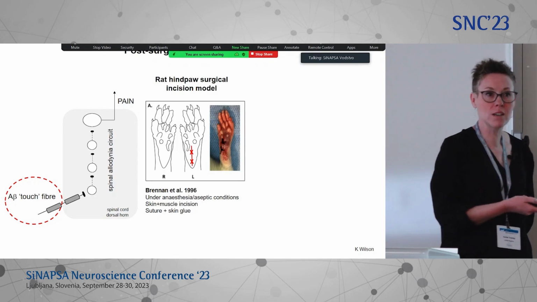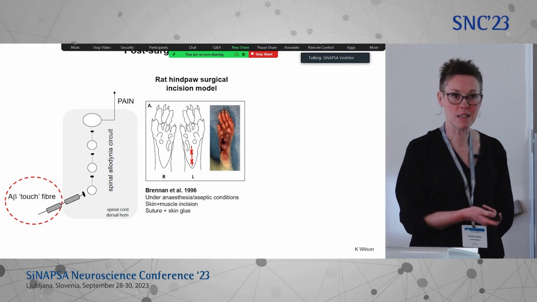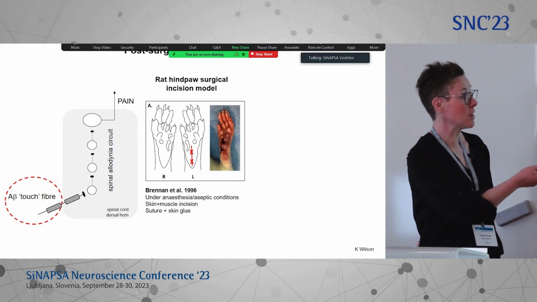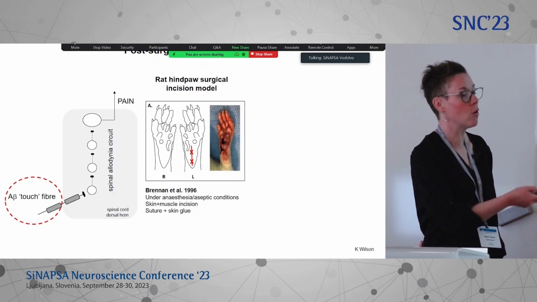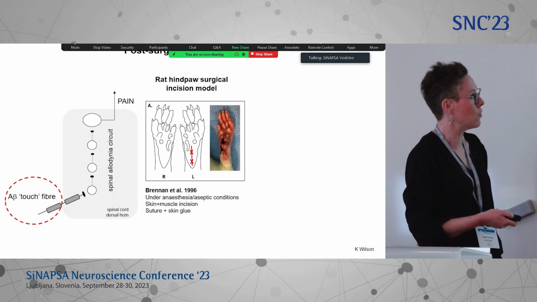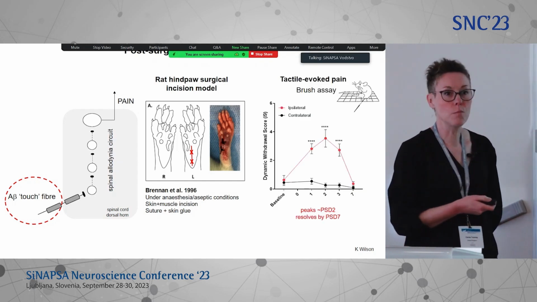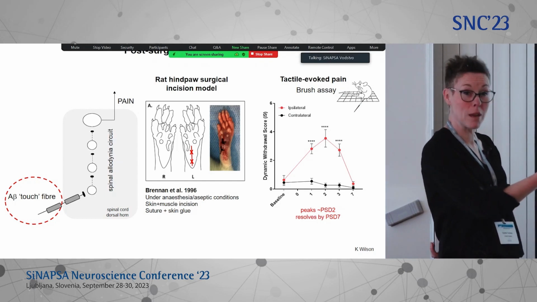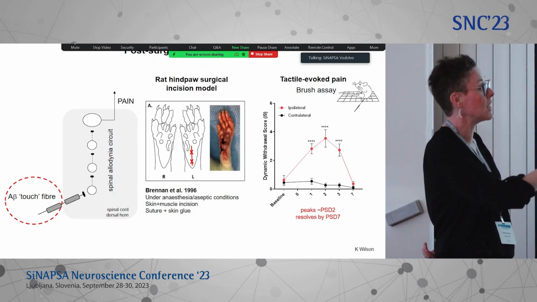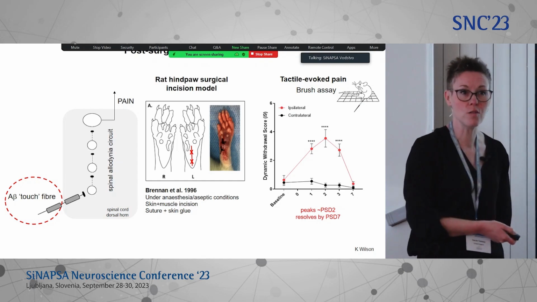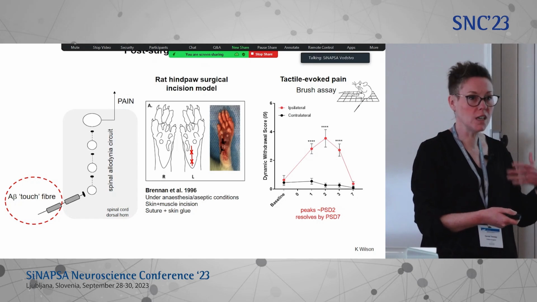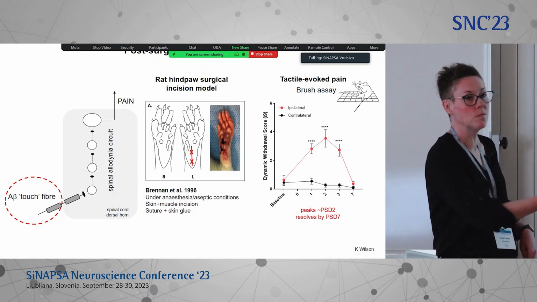So we've used the Brennan rat hindpaw surgical incision model, where under anesthesia, a skin muscle incision is made in the heel region of the glabrous skin of the hindpaw. In behavioral studies, if you take a paintbrush and just lightly stroke the undersurface of the paw, in the uninjured paw, they really don't respond much at all.